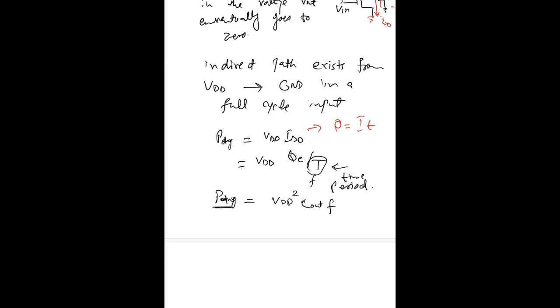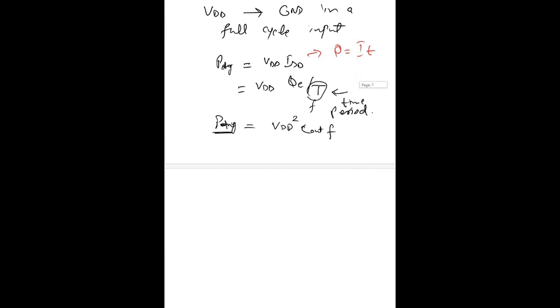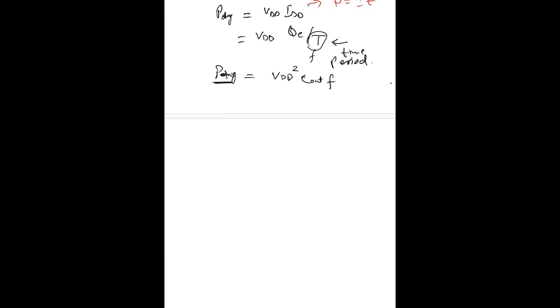So the total power, which we have been talking about earlier, when we saw that the total power was equal to DC power plus the dynamic power.